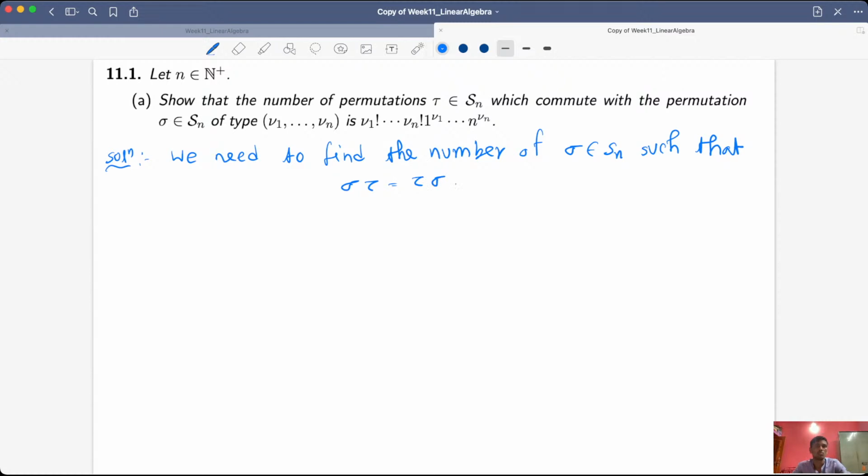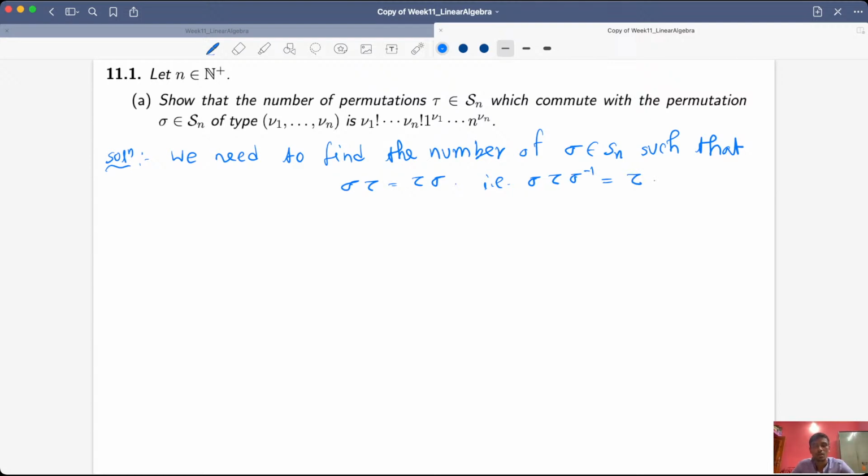So we need to find the number of such sigma. But what this means is that sigma tau is conjugate to sigma, so sigma tau sigma inverse equals tau.